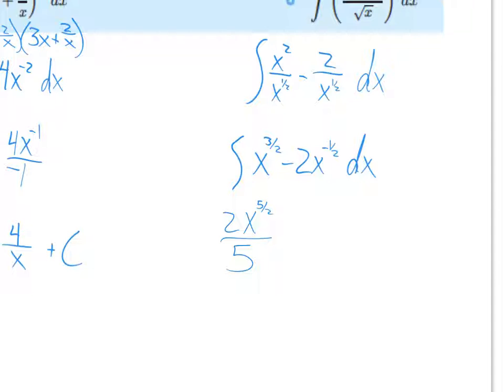Then minus 2x to the positive 1/2, times 2, or divided by 1/2, okay? Negative 4x to the 1/2. And then you've got a plus c. Okay?